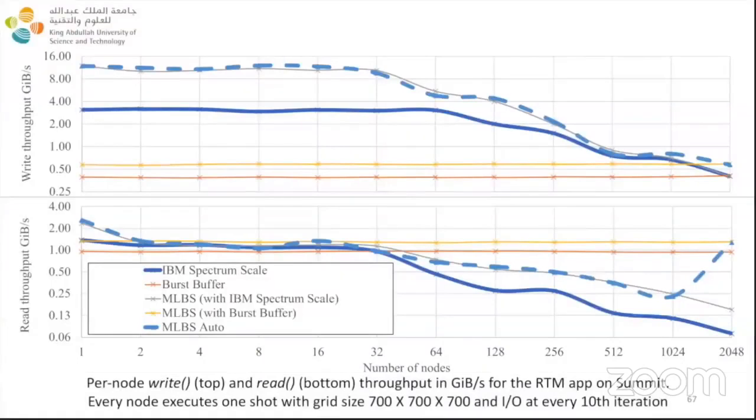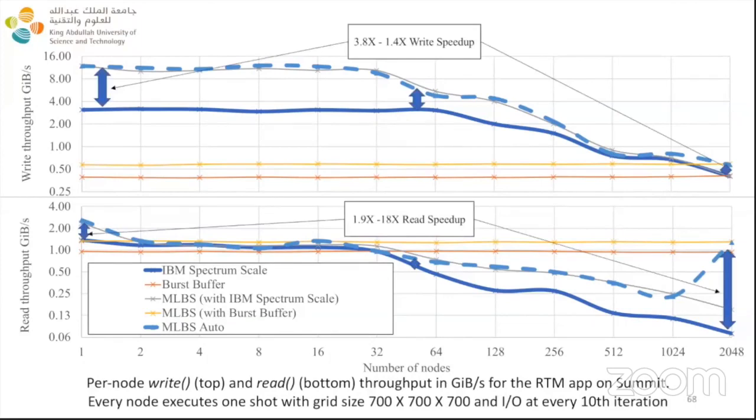On the blue curve, you'll see the I/O performance as seen by the RTM app when using the IBM parallel file system. The dashed blue curve shows the I/O performance as seen by the RTM app when using MLBS. On the right, or the forward propagation phase, you'll notice that MLBS can speed up the write operation by up to 3.8x, especially when using small number of nodes.